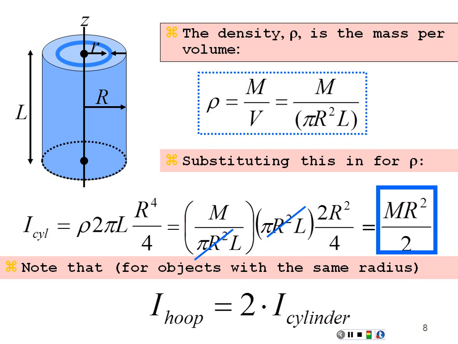If I were a bicyclist, and say I were riding in the Tour de France, if I were going long distance, I would want a wheel that looked something like this, that had a large rim and maybe not much to the interior. And what that would do is give me a large moment of inertia. It'd be hard to get up to speed, first of all, because I'd have to overcome that moment of inertia.